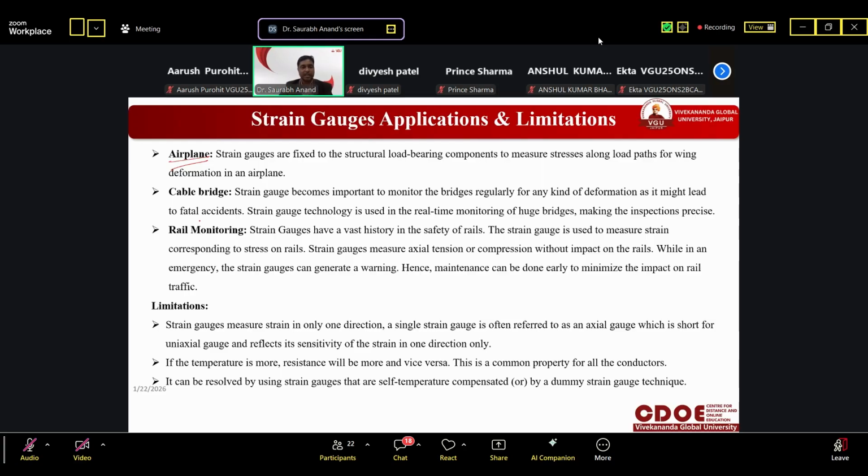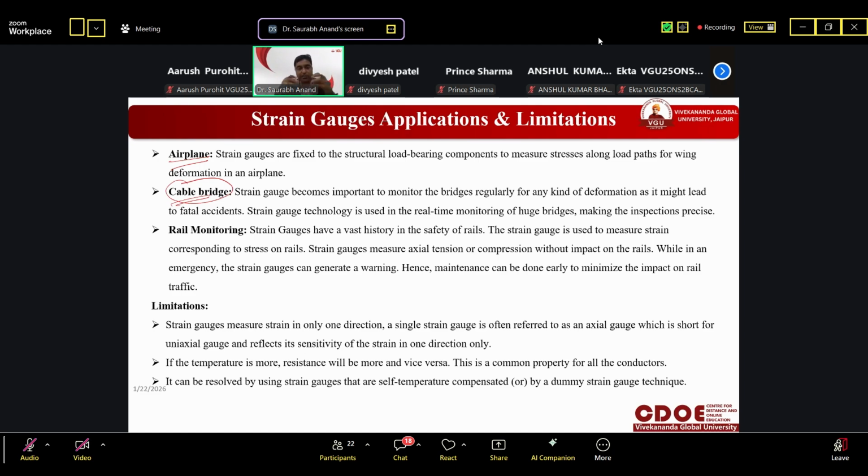Cable bridge, you might have seen the bridges having cables. In Bombay, we have one. That cable bridge should continuously measure the force because depending upon the person, car or crowd, there will be strain.